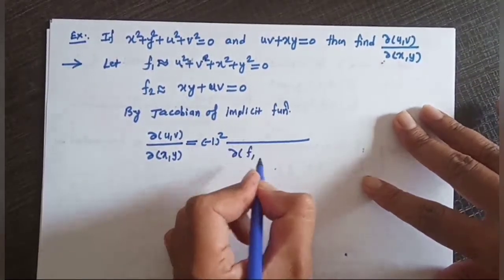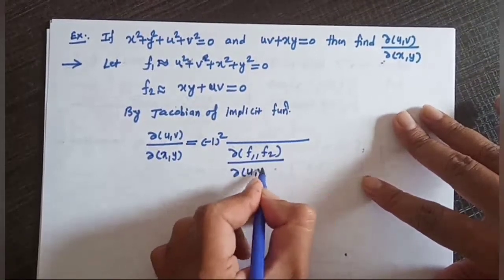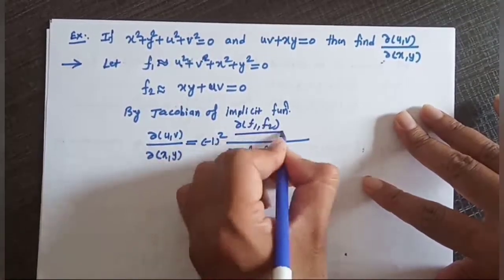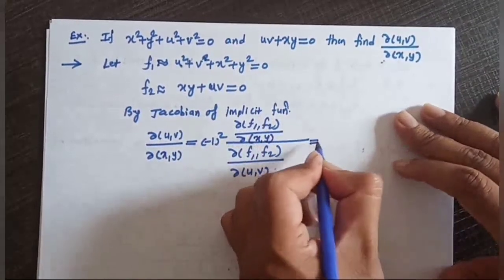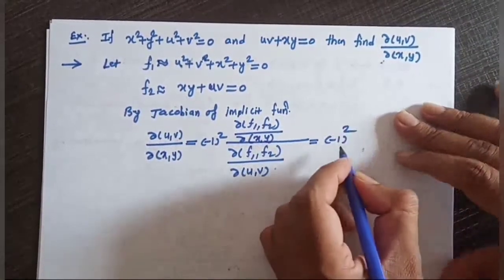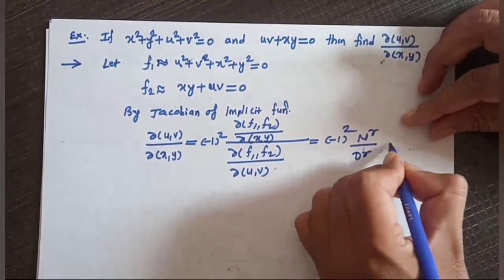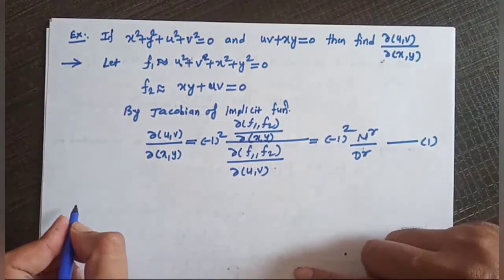First write the denominator, Jacobian of f1, f2 with respect to u, v, and the numerator is Jacobian of f1, f2 with respect to x, y, and this is equal to minus 1 square numerator upon denominator. Suppose this is 1. Now separately find numerator and denominator by using the definition of Jacobian.